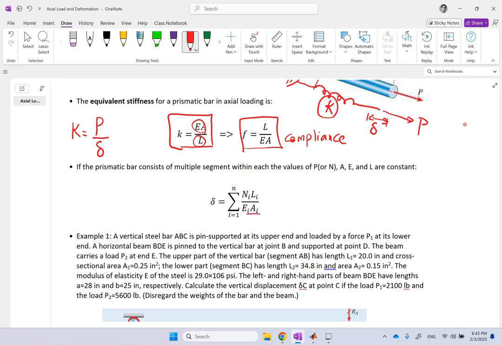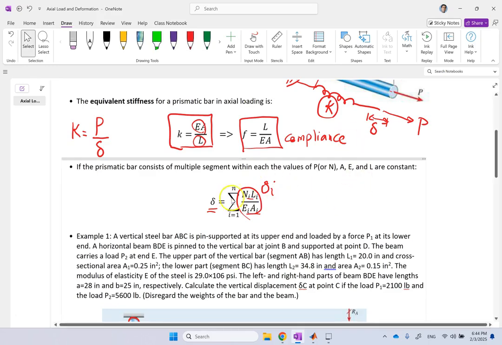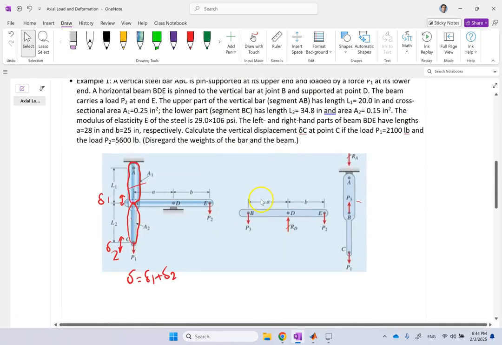Okay, so if you add individual deltas, these are the individual delta i's. If you add them together, you can get your total delta. Good. So this is when we use it when some conditions are changing.